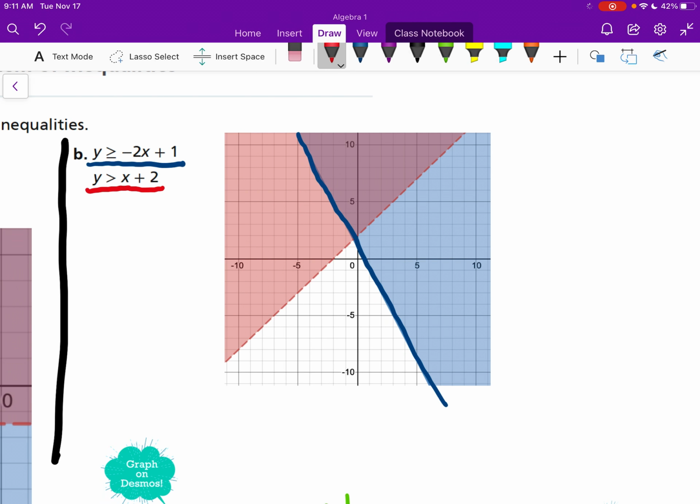Notice it's not or equal to, so it's a dotted line represented by these dashes, and we shade above that line as well. And we do have our place where they overlap right up here, this top little bit. Any point in that area is our solution set. Any point in that area would be our solution.